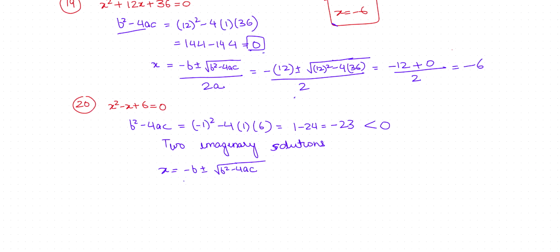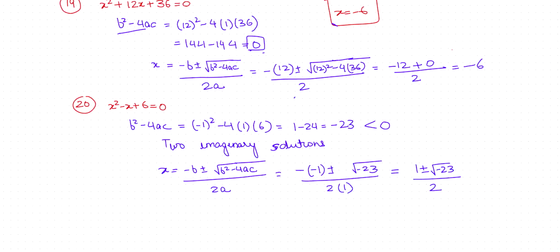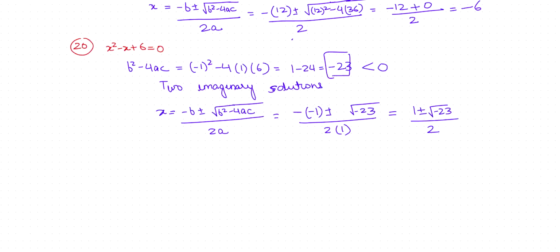So when we put b equal to negative 1, and b square minus 4ac, which we calculated here as negative 23, this we can write as i over root 23.